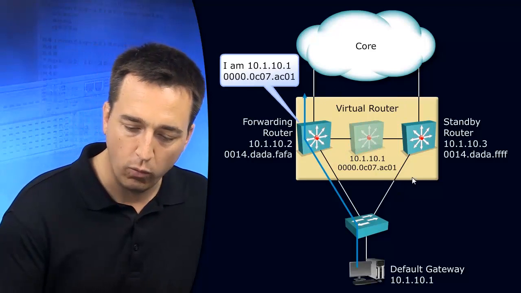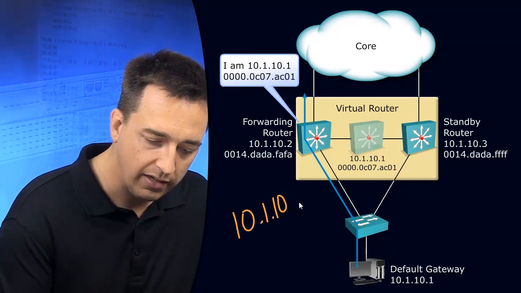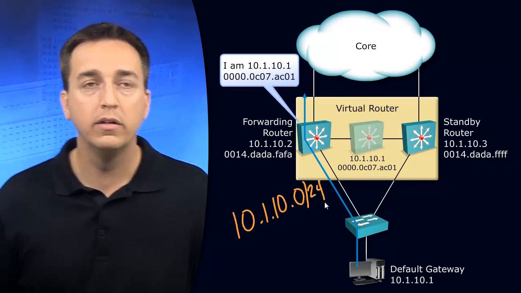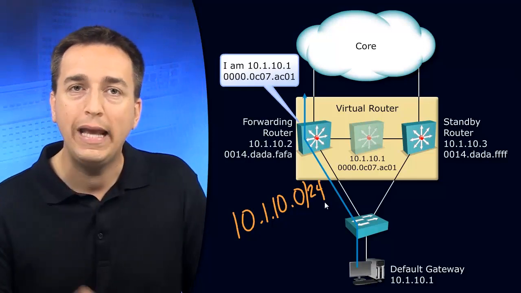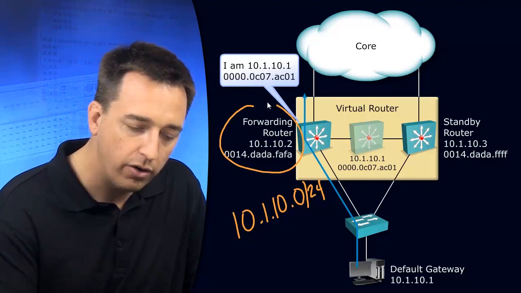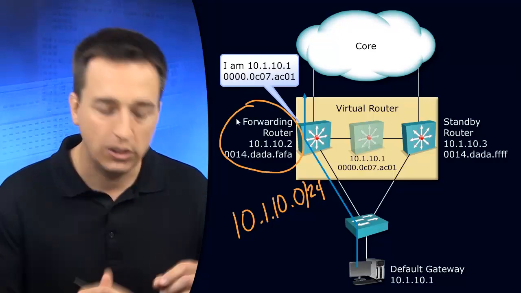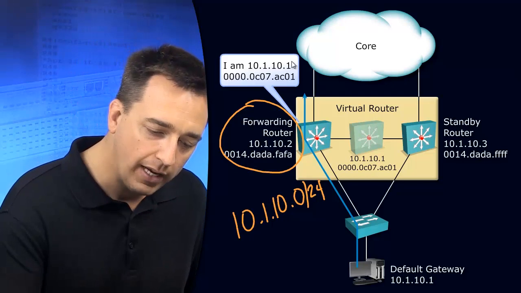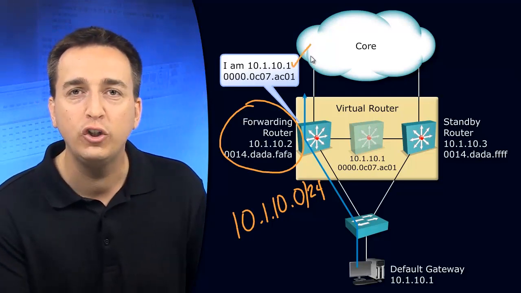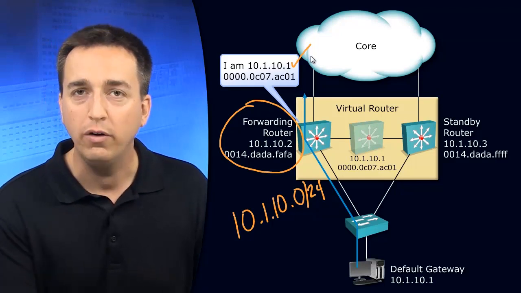So the subnet we're working with here is the 10.1.10.0/24 network. And right now we have a router acting as the forwarding router for this particular subnet. So at this moment in time, it's responsible for this. And what is that? It is the virtual IP address of the virtual router.